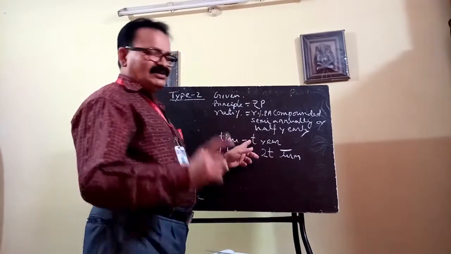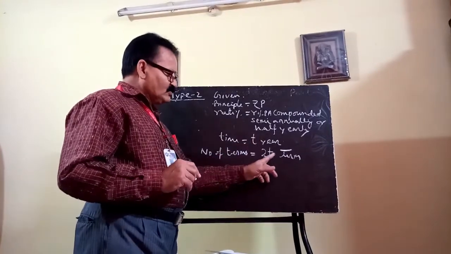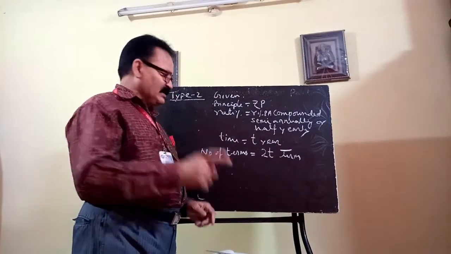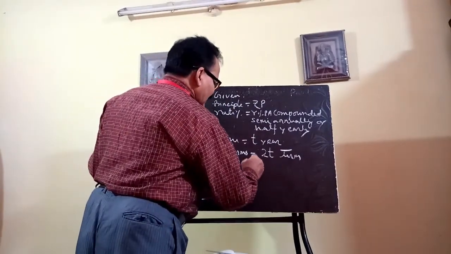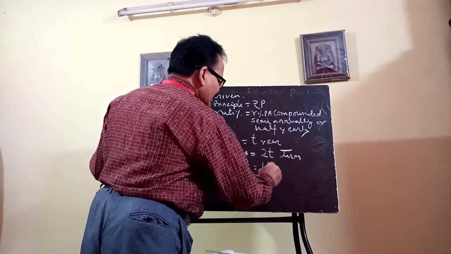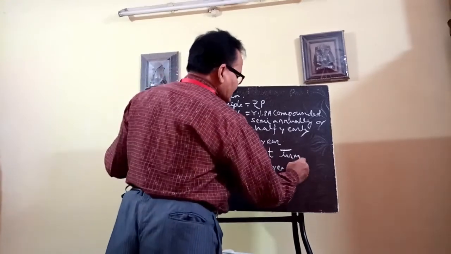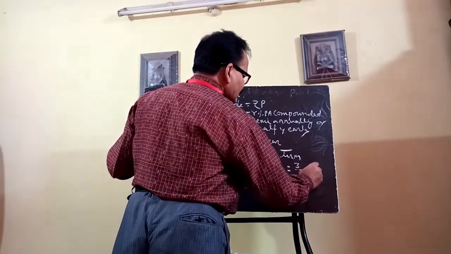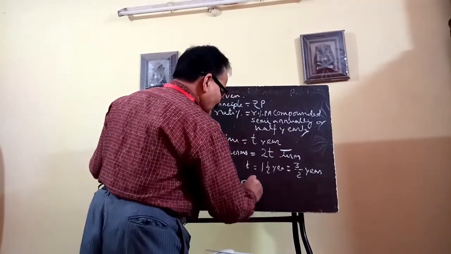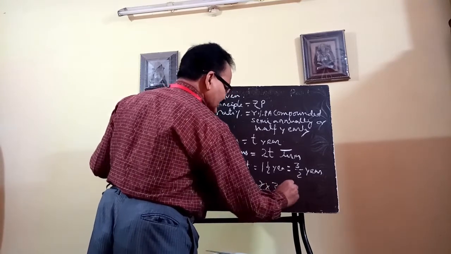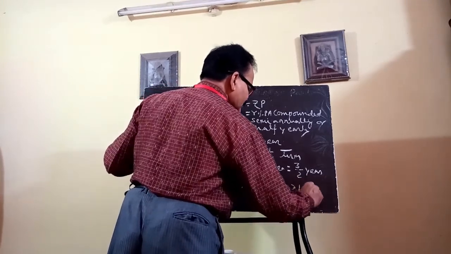Suppose time is 1 year, then 2 into 1 means 2 terms. Suppose time is 1.5 years, that means 3/2 years. Then n will be equal to 2 into 3/2. 2 cancels, means 3 terms.